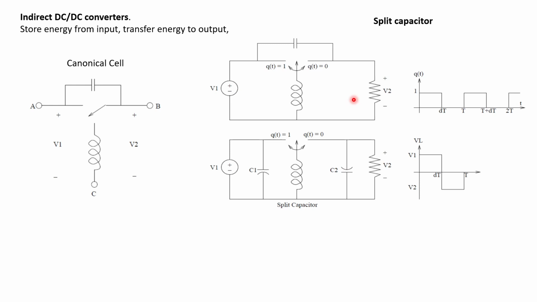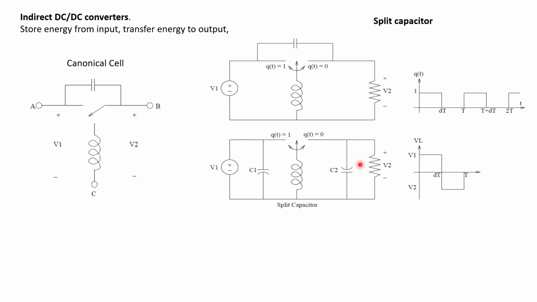Okay, so let's start analyzing using this configuration. When you implement the switch function here, Q equal to 1, which means during the period from 0 to dT, the switch turns to the left, so you have this branch as a closed circuit, and this branch is open circuit.